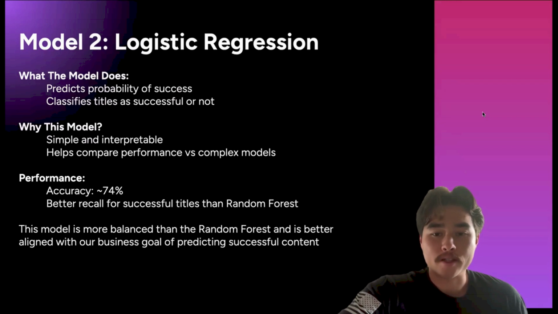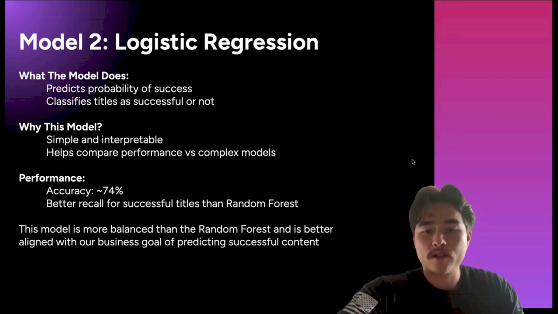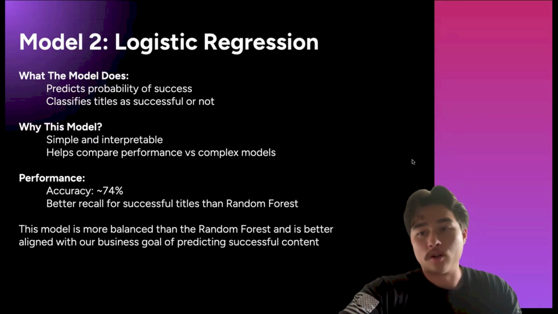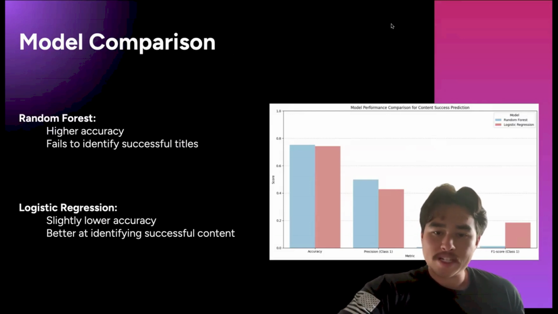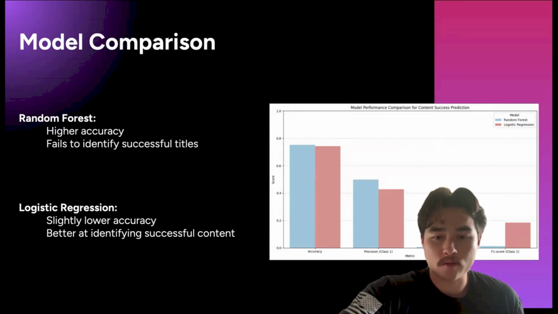This model is more balanced and more useful in practice, even if it is not the top performer on overall accuracy alone. Comparing these two, the random forest had slightly higher overall accuracy, which means it was better at making correct predictions across the full dataset. However, its biggest weakness was that it struggled to identify successful titles.